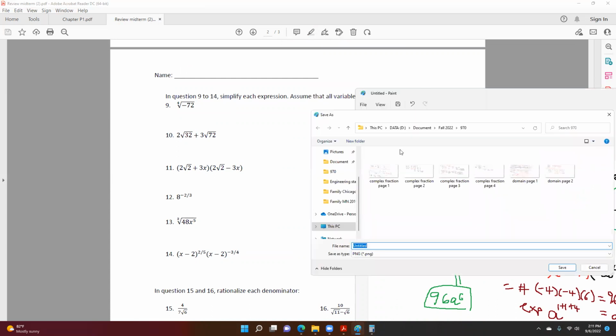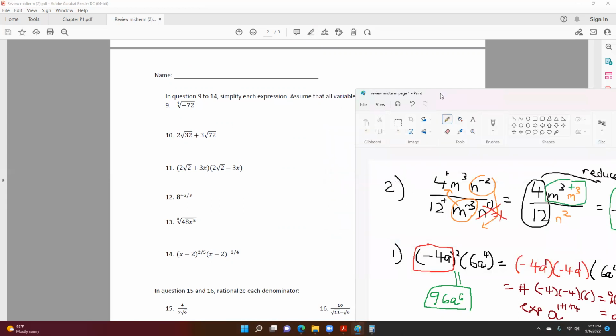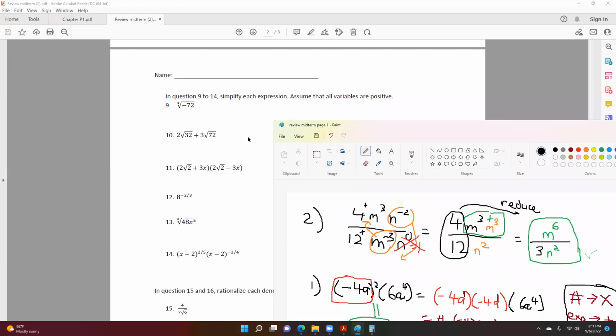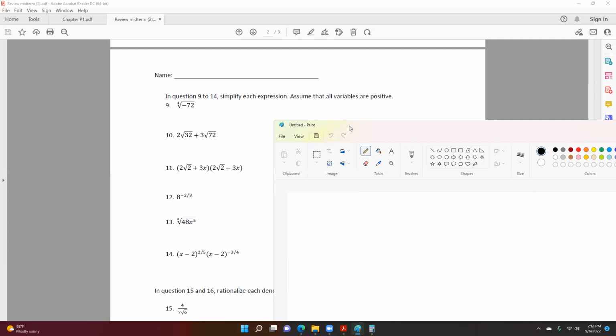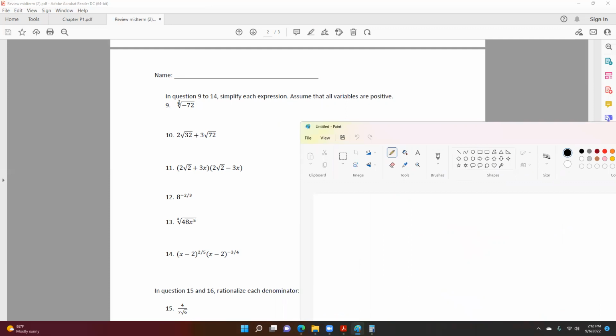Again, read the instruction. The instruction says that you have to simplify each expression, assuming that all the variables are positive. When you see this, it means that you do not need to worry about the absolute value. So anyone have any questions on 9 till 14? I didn't really know how to approach 11.